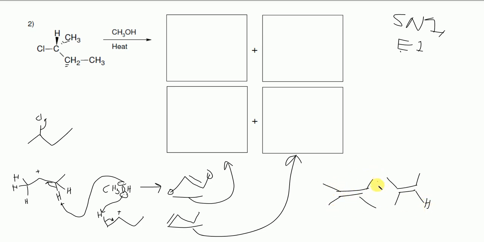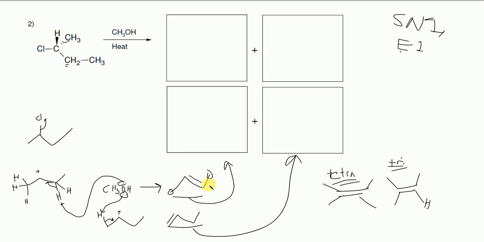So let's look at these two I just drew. This one has 4 carbon groups on it, so this is a tetra sub. So I call it sub. They're subbed. So substitutions with carbons on it. So this double bond is substituted with 4 carbon groups. This one is substituted with 3 carbon groups. So tetra versus tri. The tetra is more stable than the tri. So this double bond is more stable than this double bond right here. Okay.